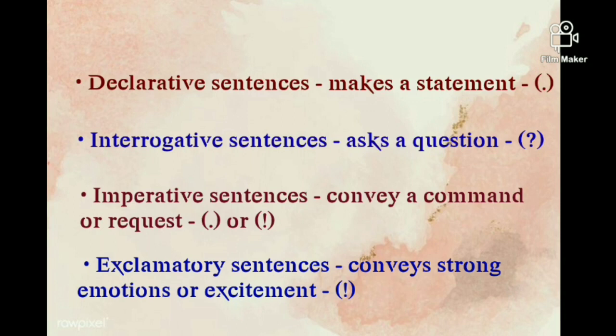An interrogative sentence asks a question and ends with a question mark. Imperative sentences convey a command or request and end with a period or an exclamation mark depending upon how forcefully you use the sentence. And last, exclamatory sentences convey strong emotions or excitement.